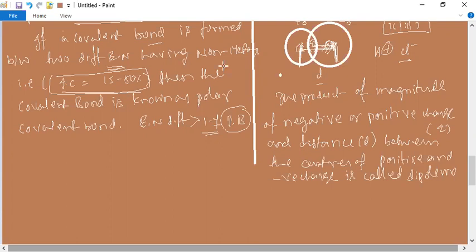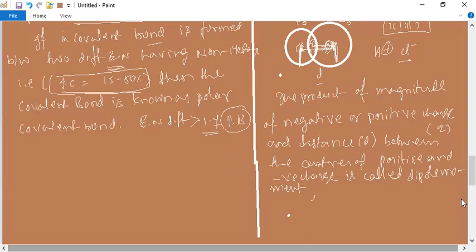Okay, what is the dipole moment? It is the product of the magnitude of the negative charge or positive charge and the distance between the centers of positive and negative charge is called dipole moment. Dipole moment is denoted by mu here.